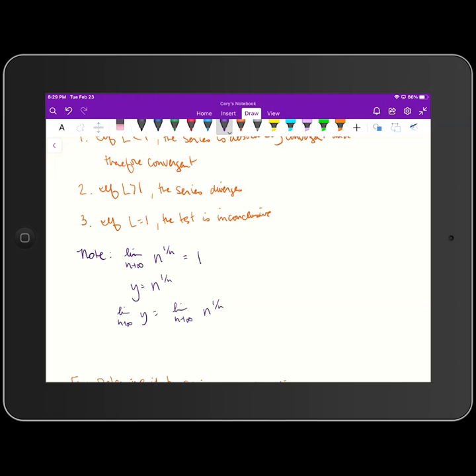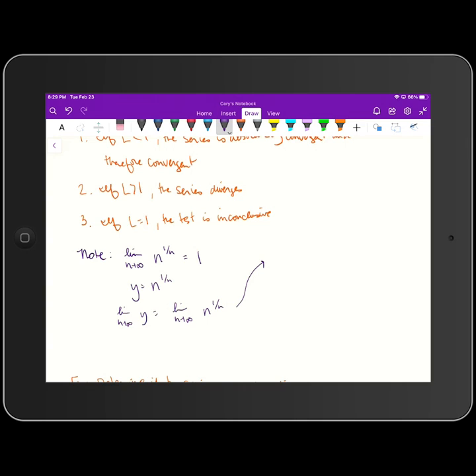I'm going to do this work over on the side. To evaluate the limit on the right-hand side, as n gets big, you have infinity raised to the 0 power, which is an indeterminate form. So what we're going to do here is apply the natural log to both sides of the equation.